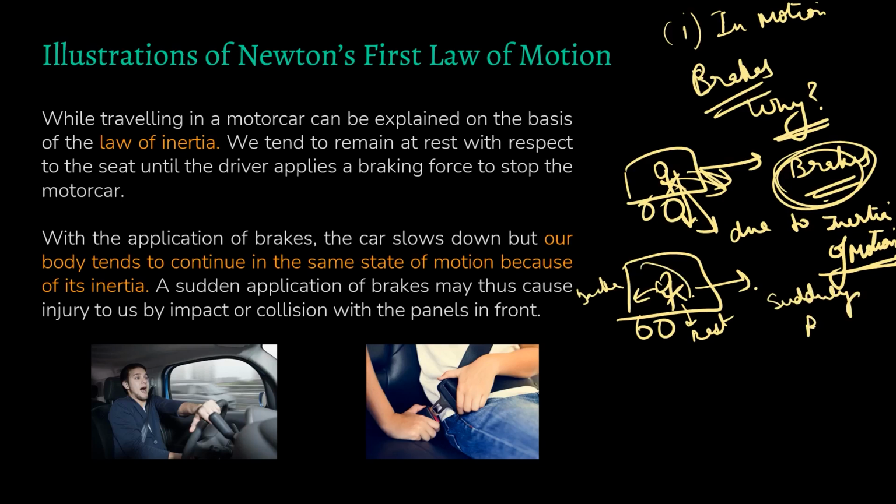Because your body is at rest, and your body tends to stay at rest due to inertia of rest. So suddenly it starts moving, and you tend to fall backwards. This is all due to inertia, which is our first law of motion.